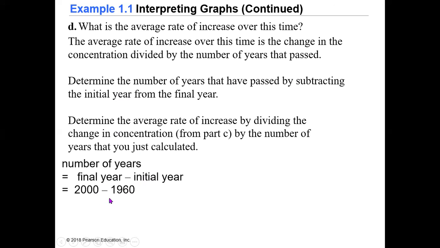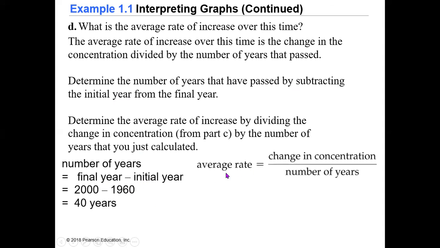So we take 2000 minus 1960, we get 40 years. So now the rate is change in concentration divided by number of years. We see from part C, the change in concentration is 52 ppm. Number of years from part D, we know is 40 years. So we take 52 ppm divided by 40 years, we get 1.3. The unit will be ppm per year.